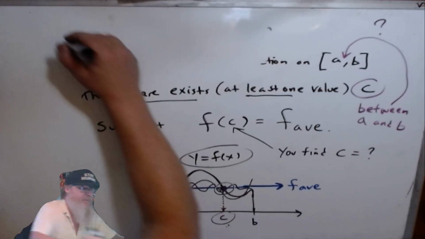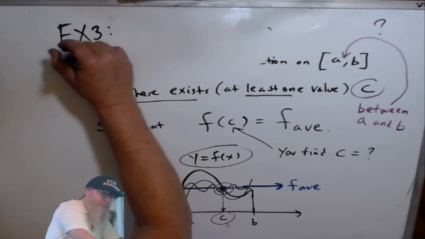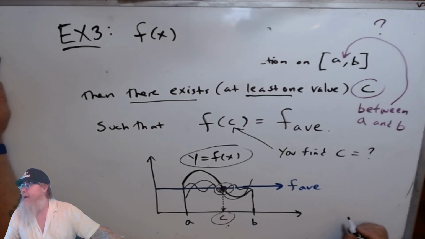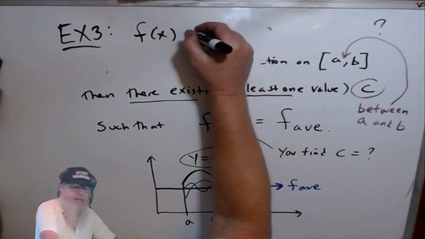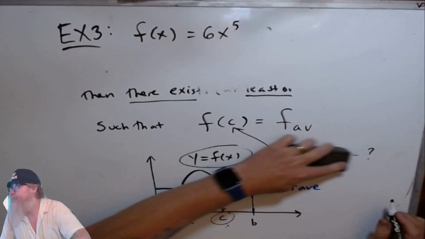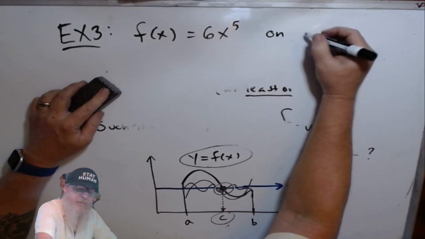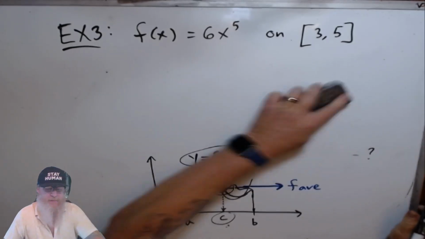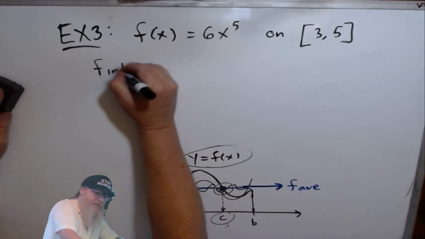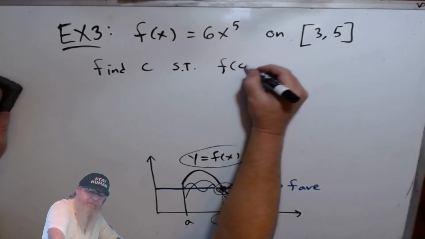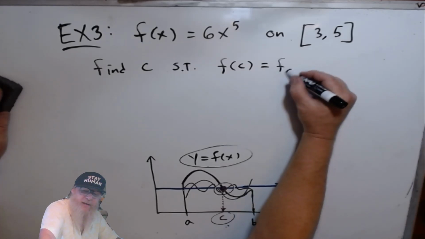All right, let's do an example. F of x is 6x to the fifth on the interval 3, 5. Find C such that f of C is equal to f av.